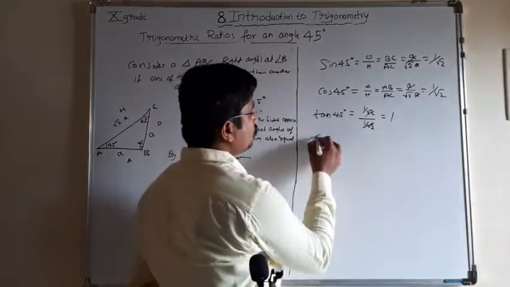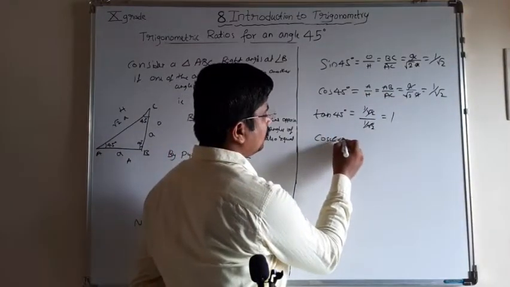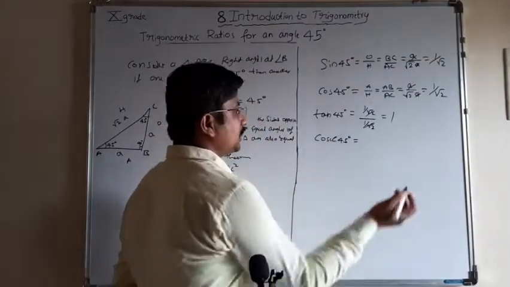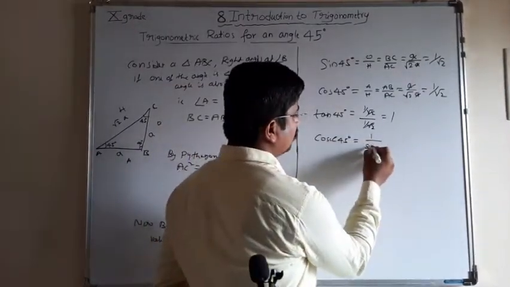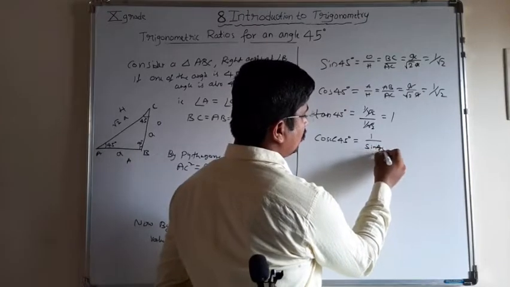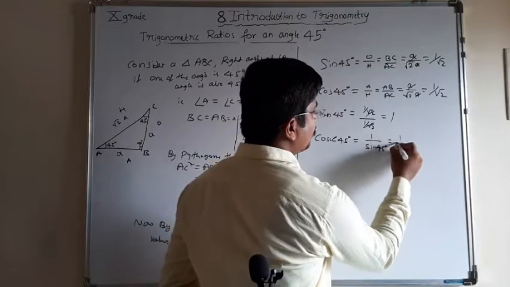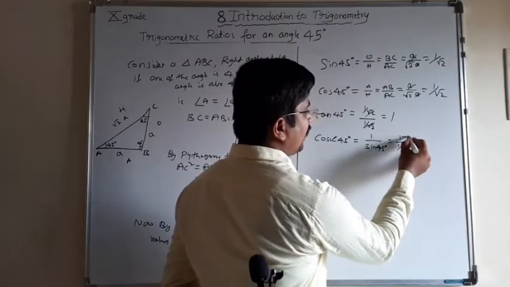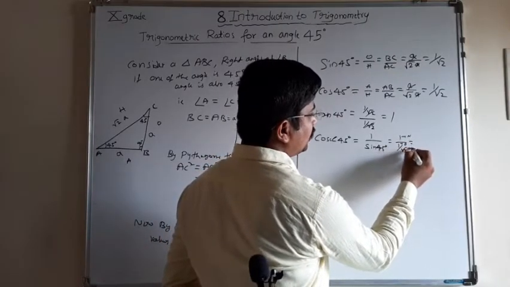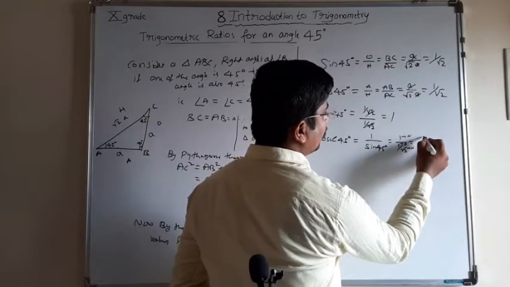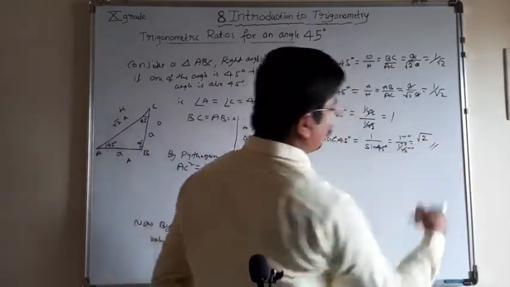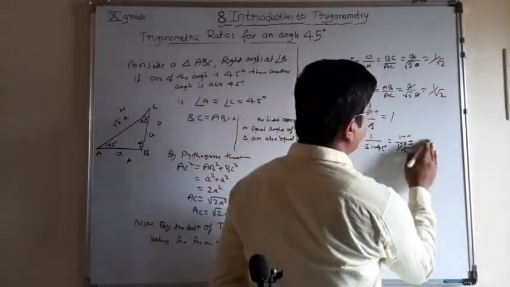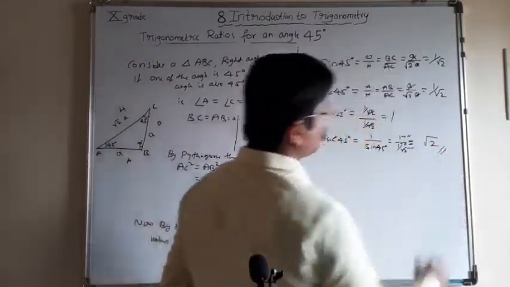Next, cosec 45 degree is equal to 1 upon sin 45 degree, that is 1 divided by 1 upon root 2. Numerator into denominator gives root 2. Therefore the value of cosec 45 degree is root 2.